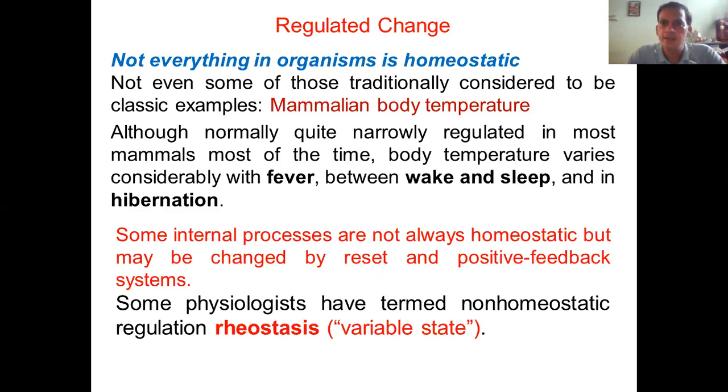In wake and sleep, I don't know if you have noticed that when a person is sleeping, the body temperature is a bit higher as compared to when they are awake. And also if animals go into hibernation, those animals' body temperature also varies. So some internal processes are not always homeostatic, but may be changed by a reset and positive feedback system.